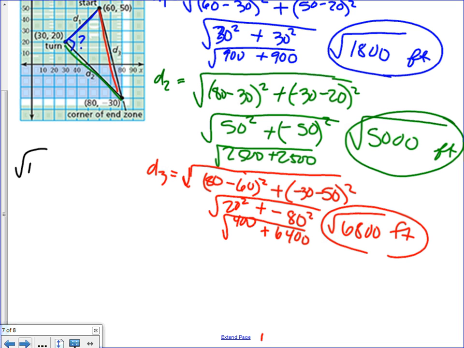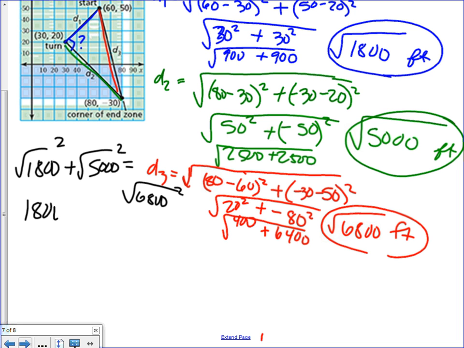So it's the square root of 1800 squared, plus the square root of 5,000 squared. Does that equal the square root of 6,800 squared? Okay, if this is true, then that is a right angle, and then the player would have run a 90-degree turn. Now, the square root of anything squared are inverses, so that's just 1800 plus 5,000.